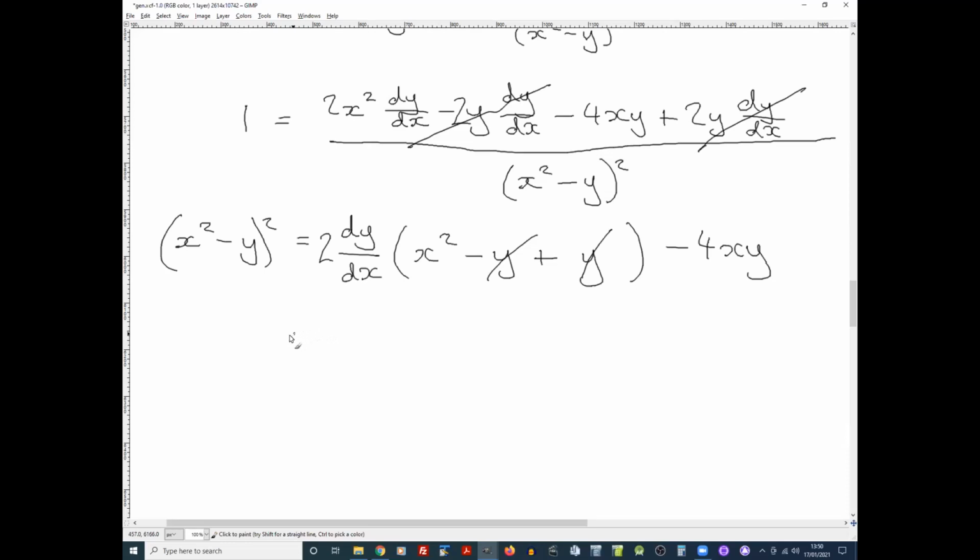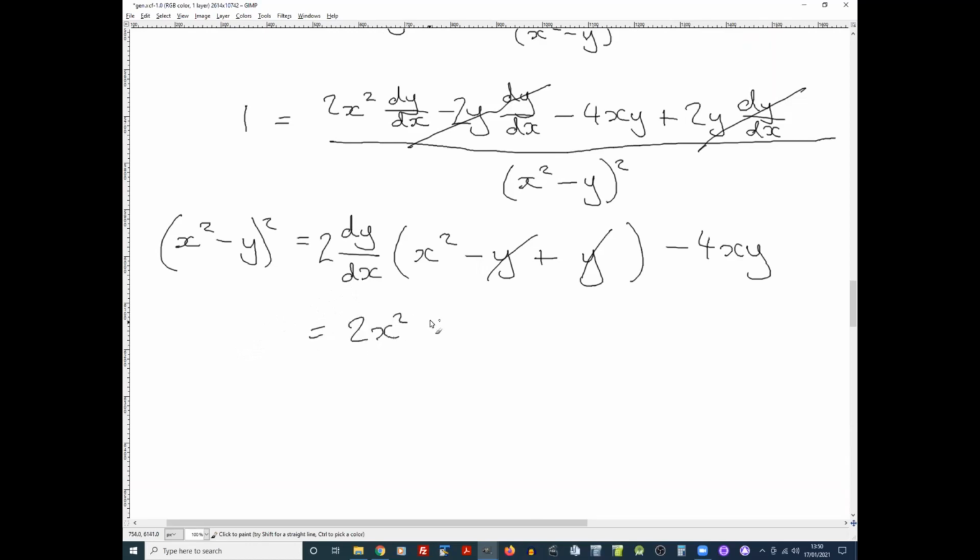Okay, so we're just left with, so that would equal, I'm just going to write it out clean because it's kind of hard to see. 2x squared dy/dx minus 4xy, x squared minus y squared, and then, oh, I see your point.